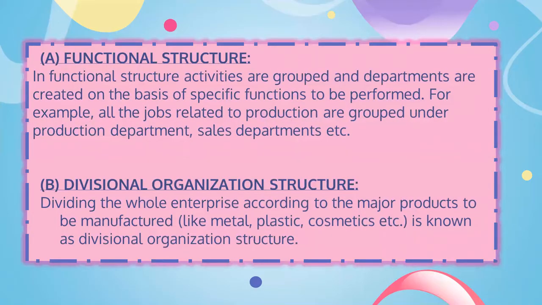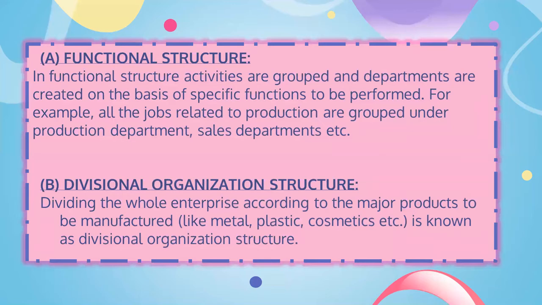Now, there is a functional structure. Such structures are determined on the basis of the functions that are performed by the employees. And divisional structures are on the basis of various divisions, such as major products that are manufactured. Suppose it's a clothing company.